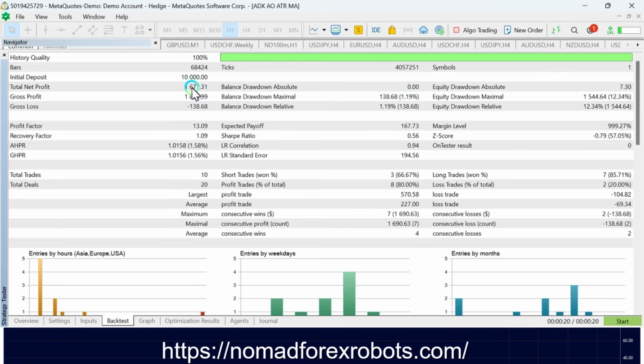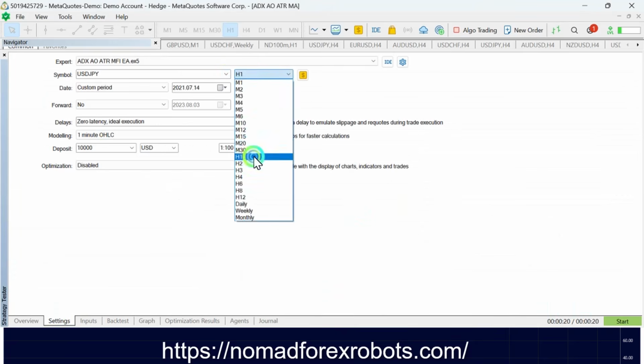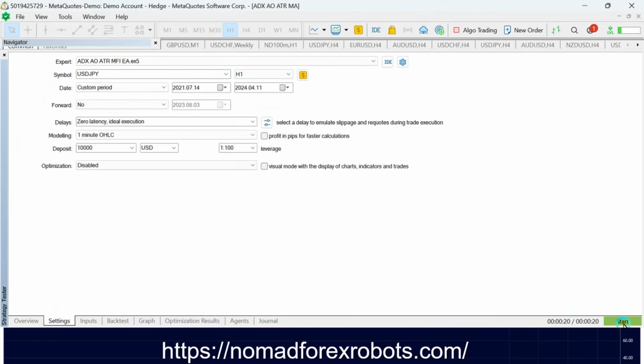Profit is around 16%, and the profit factor is 13, which, if you know anything about profit factors, is quite good. It is not a holy grail strategy. I recommend taking it as a tool that you can use in your own strategy, and you can add it to your own price action patterns or to your own ideas and existing strategies.